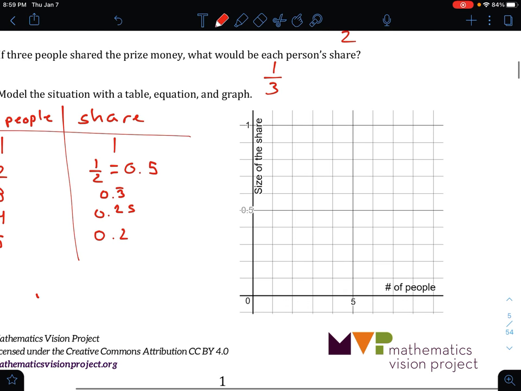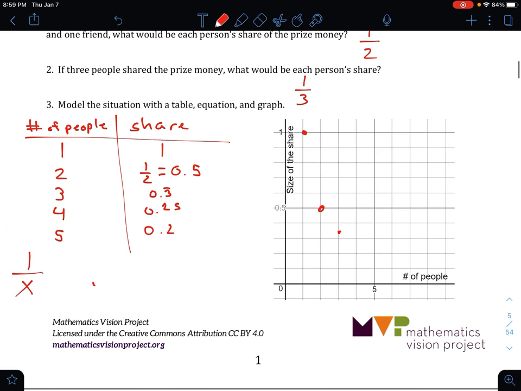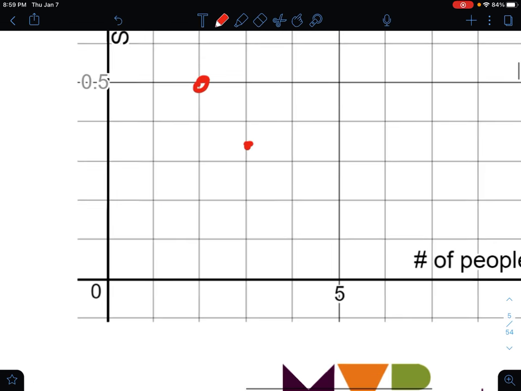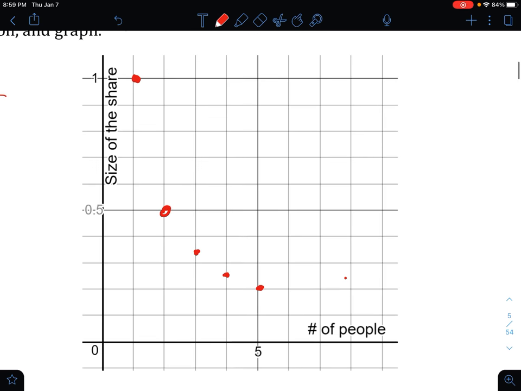So if we were to graph this, we'd have 1, 1, 2, comma, 0.5, 3, comma, 0.33. So that'd be about there. And then we'd have 4, comma, 0.25. So you'd go 1, 2.5, and then 5, comma, 0.2. All right. And what ends up happening is this obviously is going to get smaller and smaller and smaller, right?